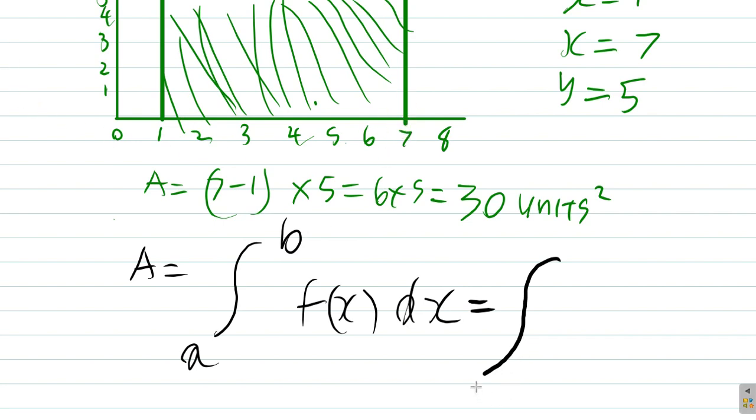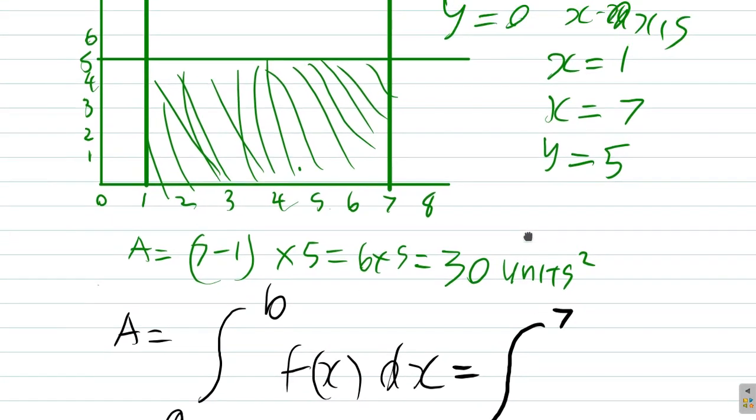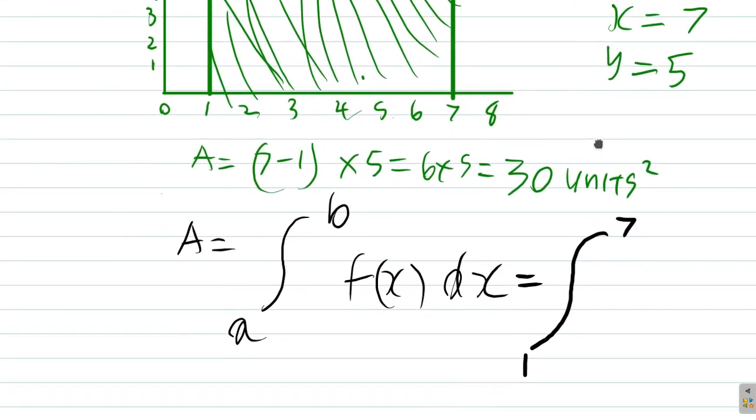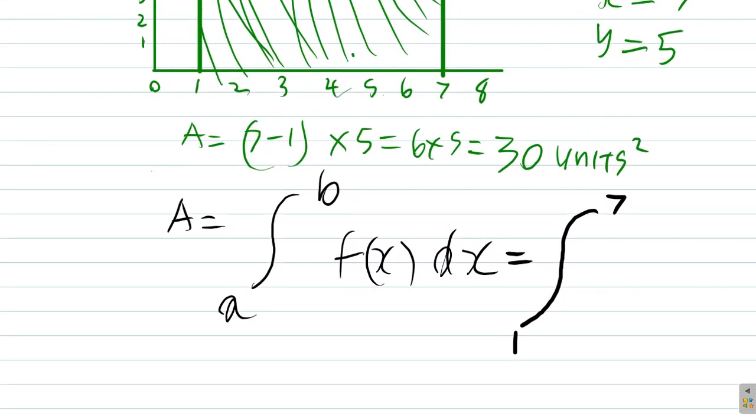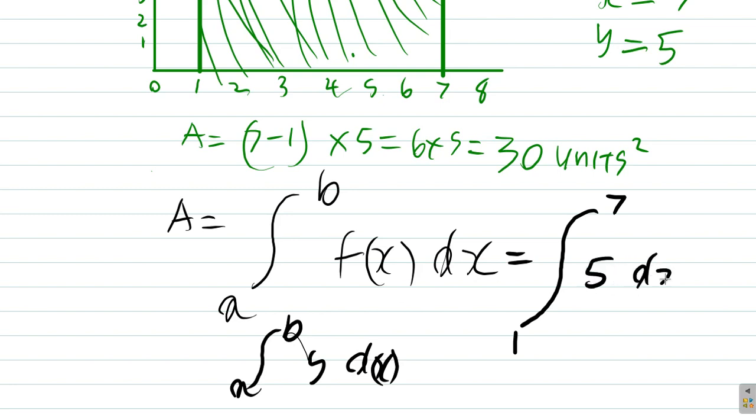So it's from 1 to 7 of f of x. f of x is the same as y. This could be written as the integral from a to b of y dx, right? But in this case, our y is 5. So it's the integral from 1 to 7 of 5 dx. So we're going to see how that one goes.